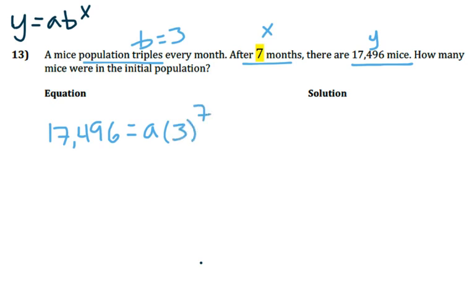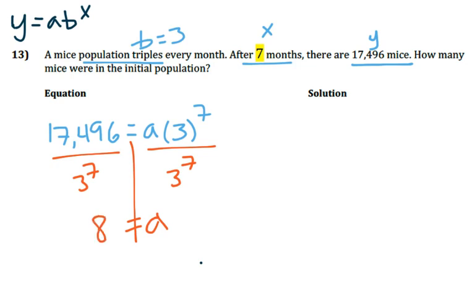And to solve this, we're just going to divide by 3 to the 7th power on both sides of our equation. So we end up with a being equal to 8. So our solution, there were 8 mice in the initial population.